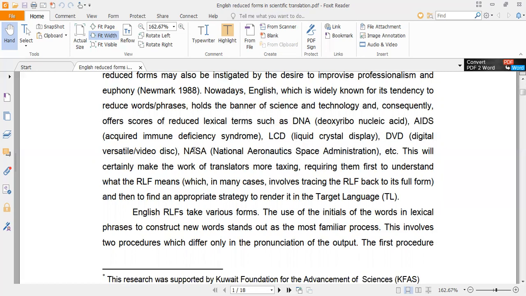We have one, two, three, four: a phrase consisting of four lexical items, National Aeronautics and Space Administration. Only the first letter is taken, and we form a new vocabulary or a new lexical item, which is NASA. It is pronounced easily, even easier than the original one.